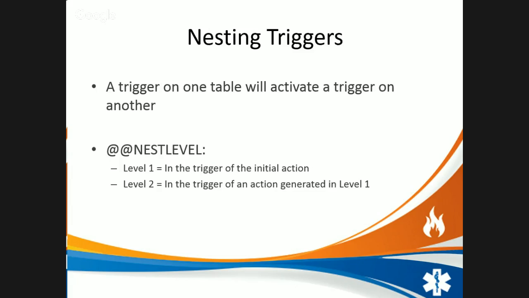And there's a nest level system variable that you can access, and you can see, am I in the initial trigger, and then am I in the secondary trigger. So if you had two tables and you were using one trigger to insert into another table, which was kicking off a trigger there, and you wanted to do certain logic in that case, you could throw some logic in there saying is at nest level 2, and then that would catch that the trigger was actually being a nested trigger at that point in time, and you could bypass the logic if you wanted to.